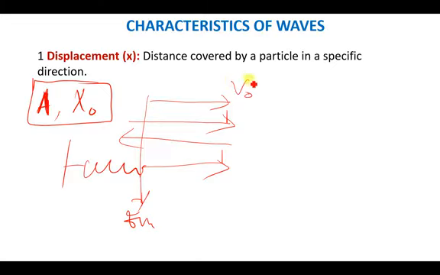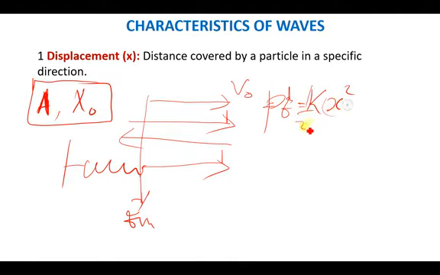As a result, at this point, in the equation of the mechanical energy, the kinetic energy is going to be equal to 0, and the potential energy is the only one that you are going to have. We know that the formula for potential energy is given by half kx squared.